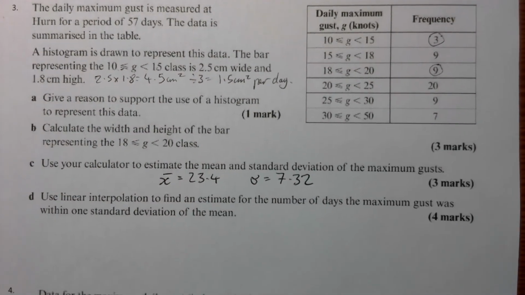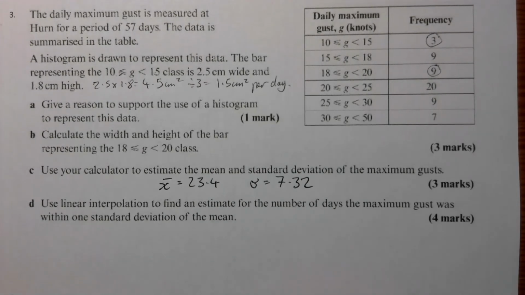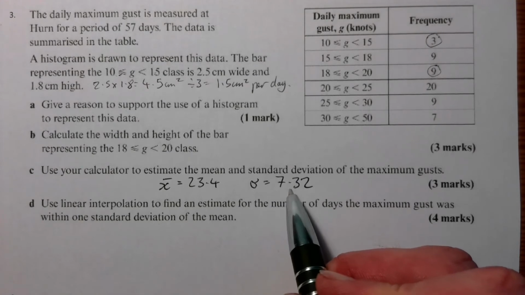And then our final question is to use linear interpolation to find an estimate for the mean number of days the maximum gust was within one standard deviation of the mean, and that's going to take a little more work. First of all, we need to find out where one standard deviation away from the mean is.